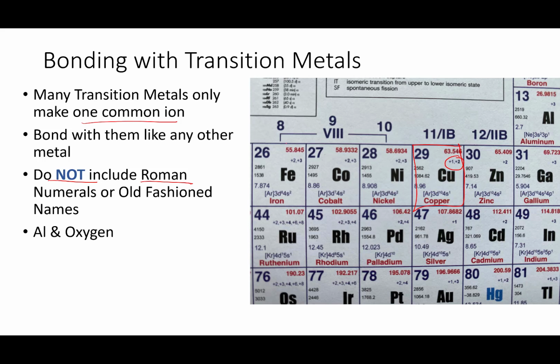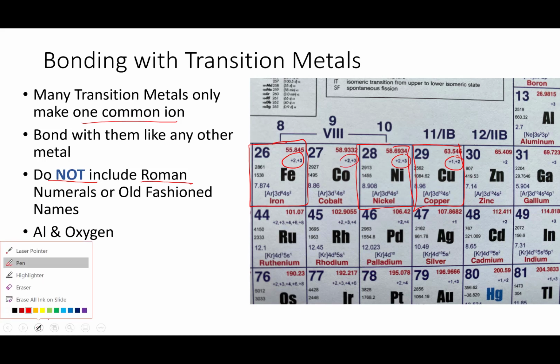If I look at iron, it has a couple ions. If I look at nickel, nickel has a couple different ions, and so does cobalt. But I'm going to change color pens here. If I look at zinc, zinc has 1, aluminum has 1, cadmium 1, silver 1.